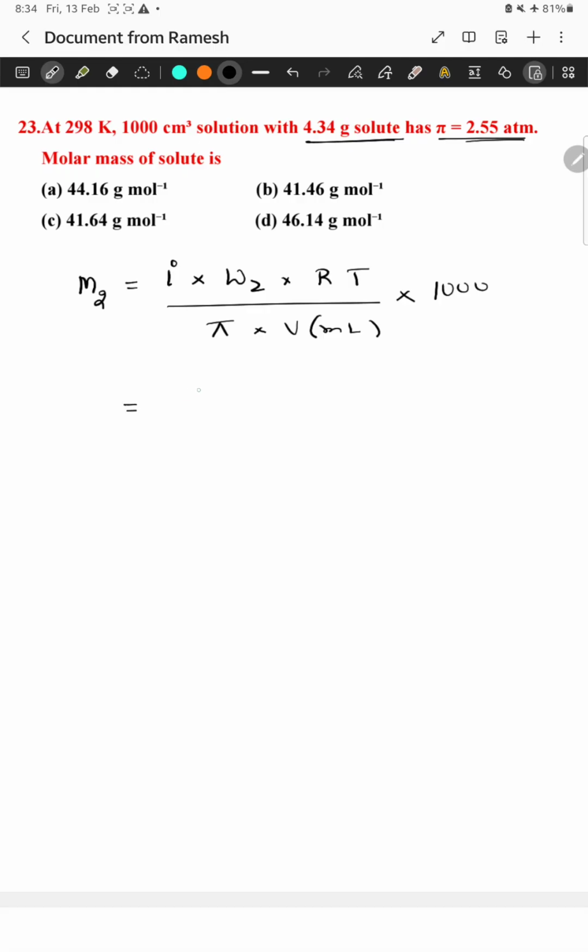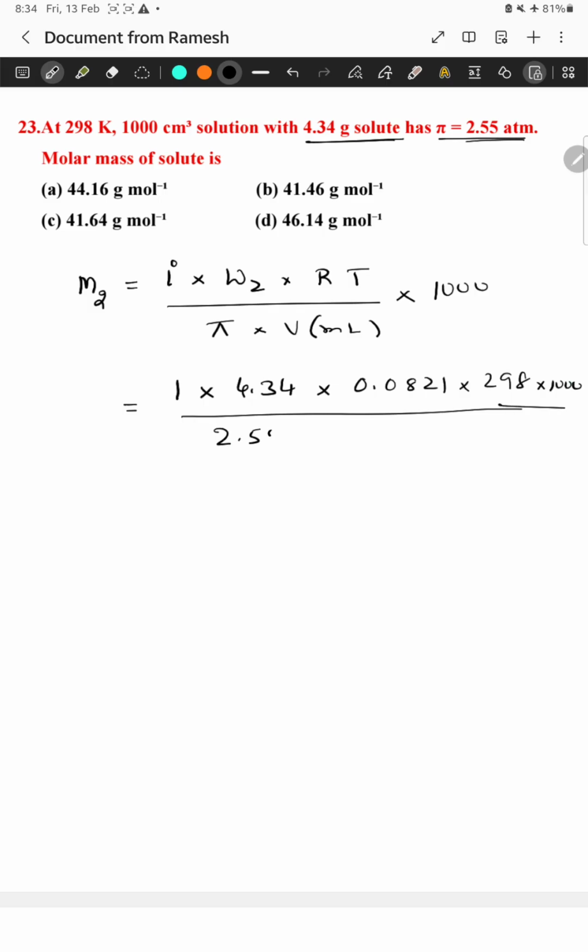They have not mentioned anything about the solute, that's why the Van't Hoff factor is taken as 1. WO2, mass of the solute, is 4.34 gram. R value is as usual 0.0821. The temperature in the problem is directly given in Kelvin only, so no need to convert, that is 298 into 1000 in the numerator, divided by osmotic pressure 2.55.